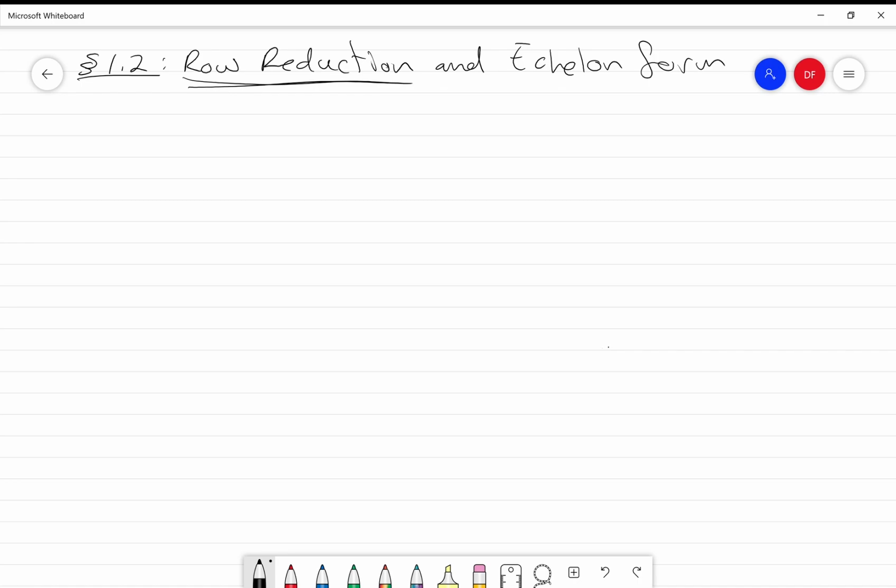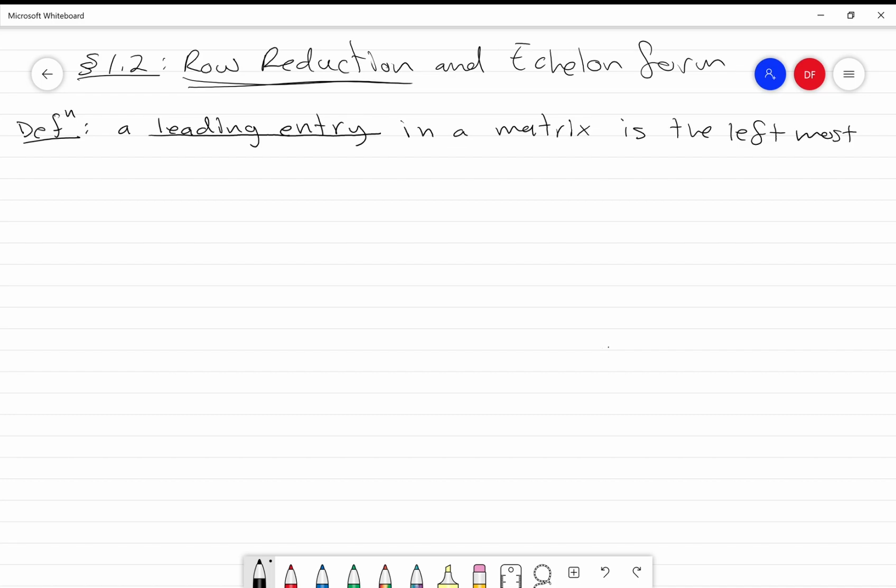two definitions. A leading entry in a matrix is the leftmost non-zero entry.